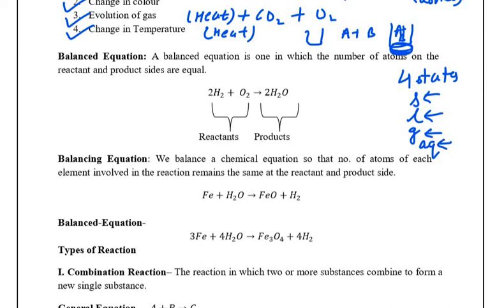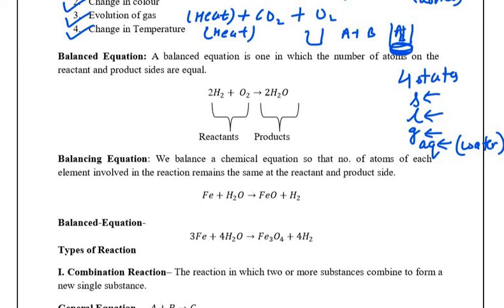Aqueous means that the compound or element has a lot of water in it. More amount of water and less amount of solute in it, so we state it as an aqueous solution.